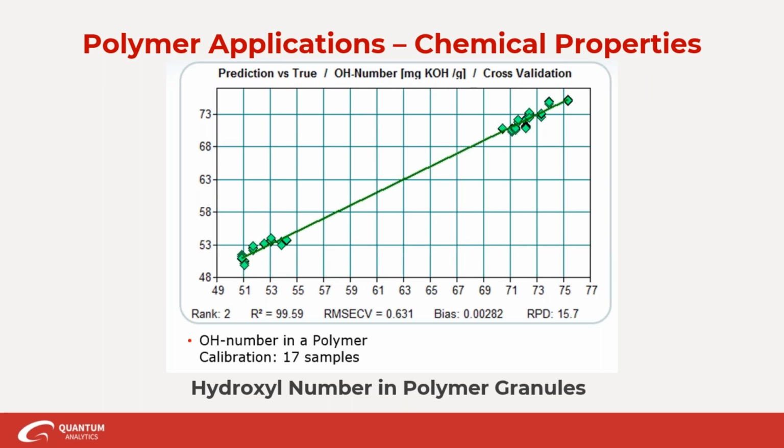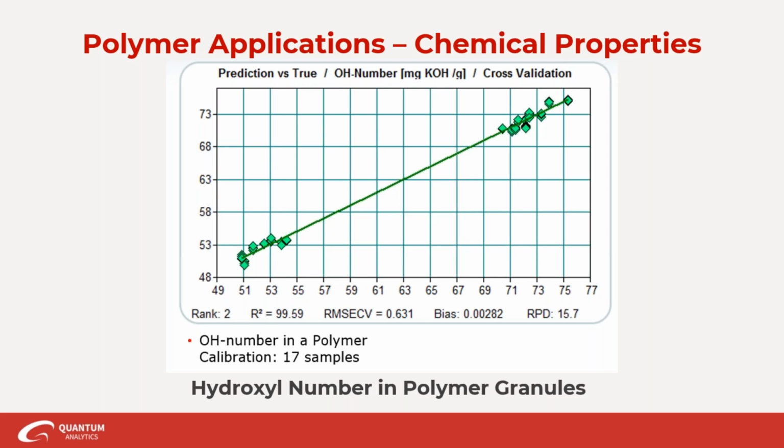But the way you get around that is if you put enough samples in your model that incorporate all this variability, this math is powerful enough that the model will learn to, quote unquote, overlook the differences in the spectra caused by the natural variability and just focus on the changes for what you're trying to measure. So that brings in a challenge with natural products. It can be a little tougher as well.